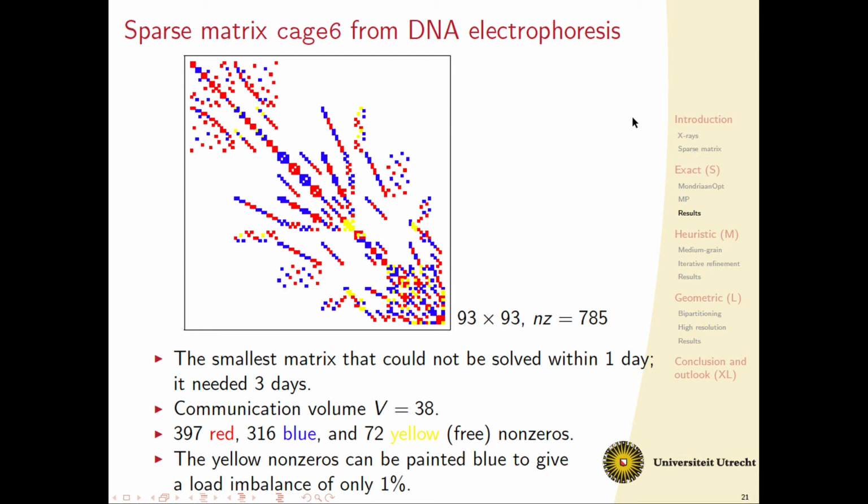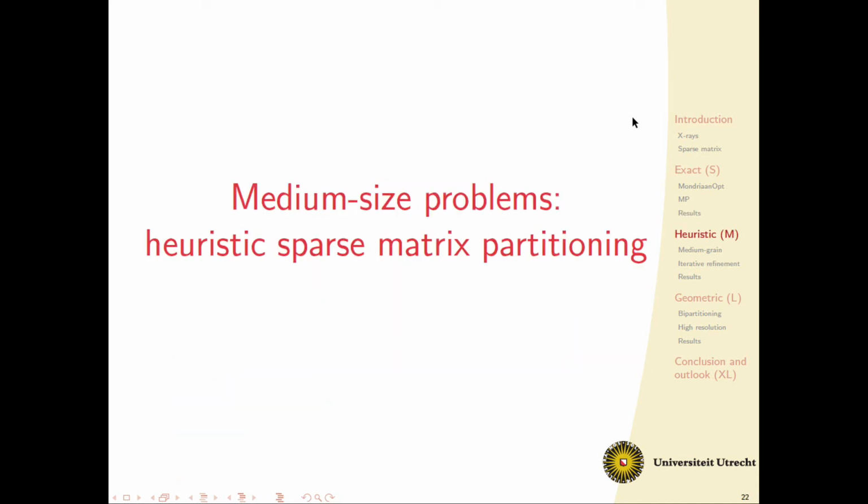And the yellow ones are undecided, because if you're in a row with already red and blue non-zeros, and you're in a column with red and blue, it doesn't matter what your color is. So we call them free non-zeros, and we use these to improve the load balance. And often we get to perfect load balance just by using the yellow ones.